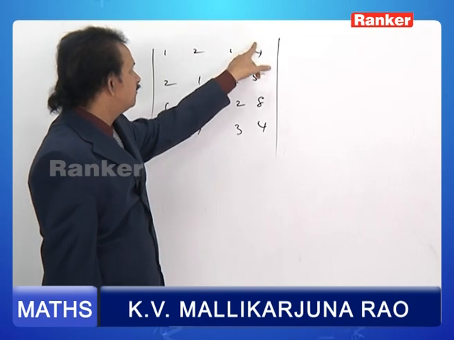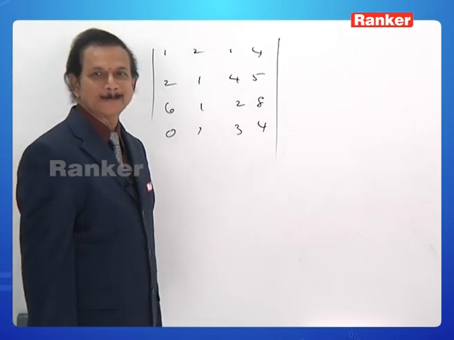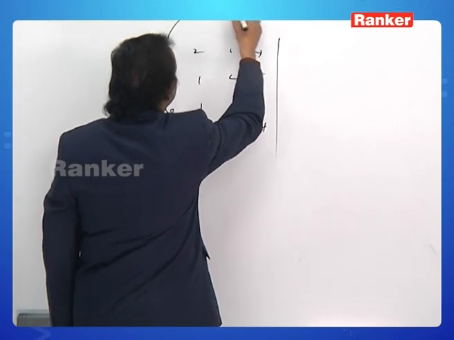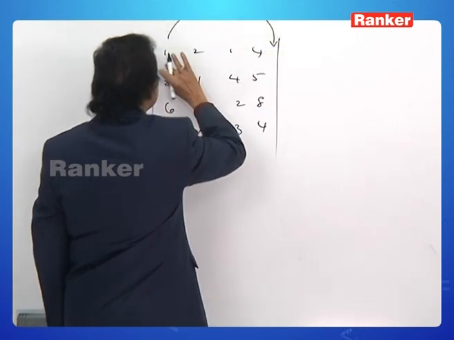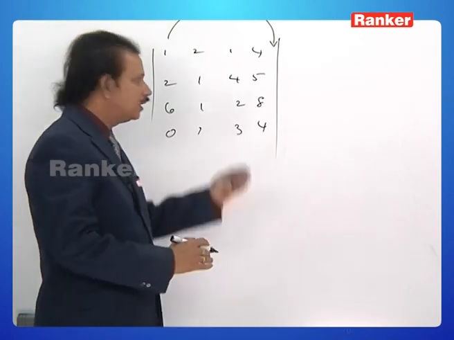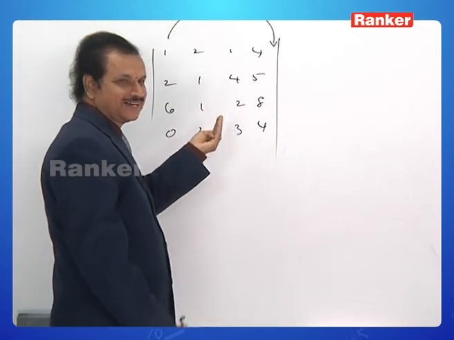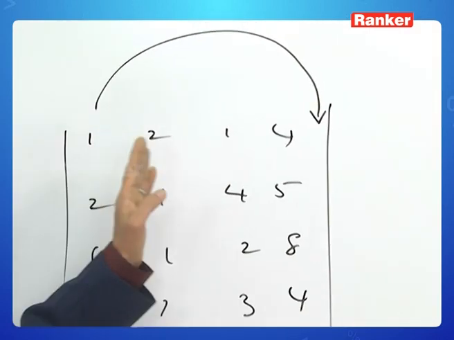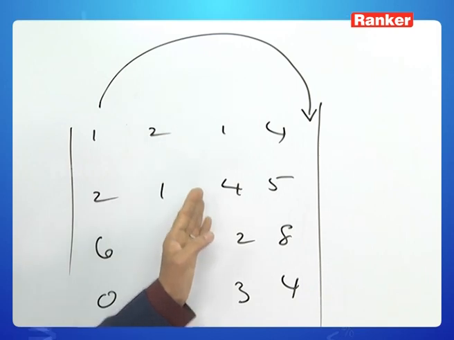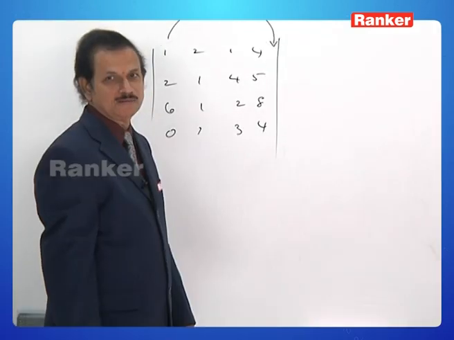First column, second column, third column, fourth column. If you like to transfer this to the fourth place, all of them will be translated. Second column becomes the first column, third column becomes the second column, fourth column becomes the third column, and the first column becomes the fourth column.